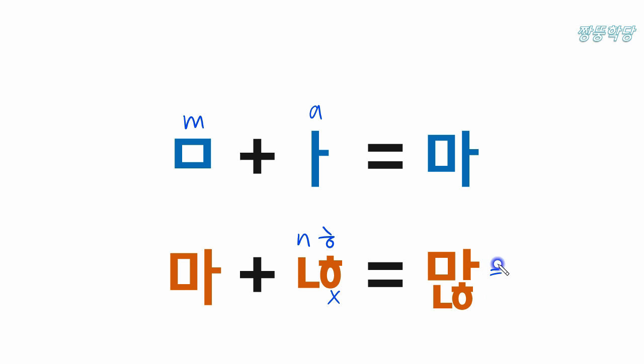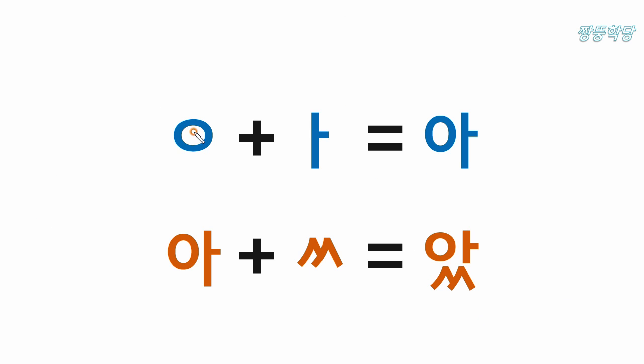So it is read just like this. 만. It is 만. We don't pronounce this one, and it has no sound. This is the a sound and this is the t sound. So 앗.